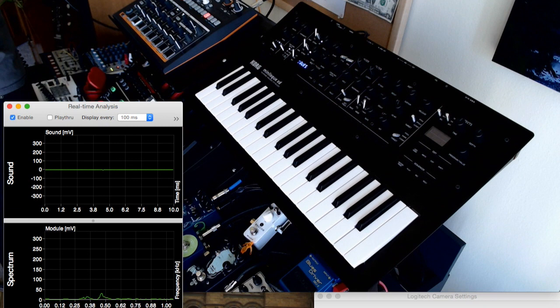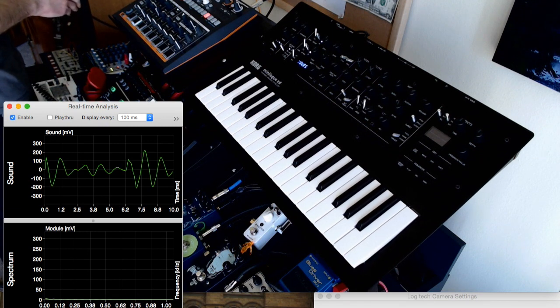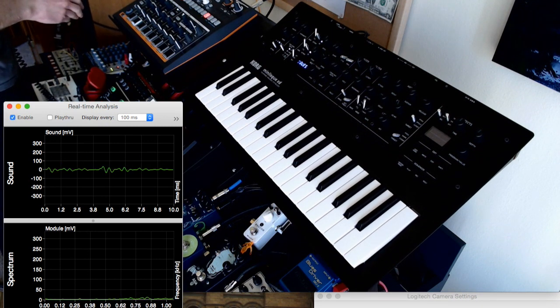By changing the shape of the sound wave itself, all we have done is added more harmonics to the sound.